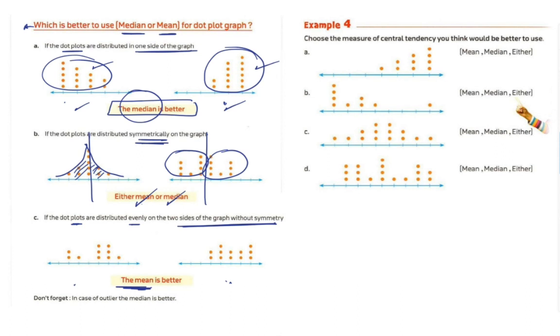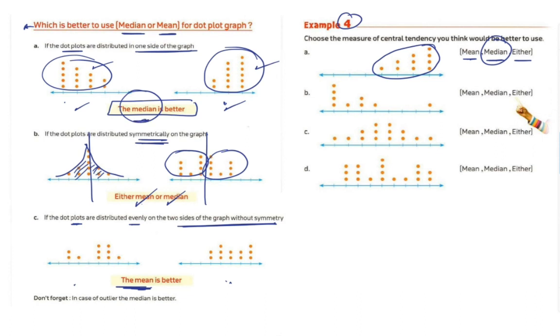Okay, I have some examples to check this point. Example number 4, choose mean or median or either, any one of them. Look here, these dots to the left of the graph. I will use what? The median.